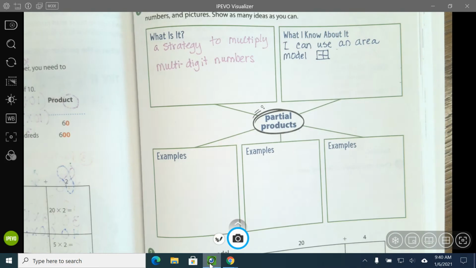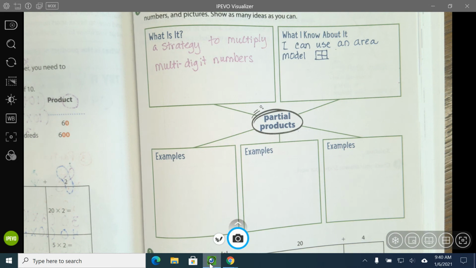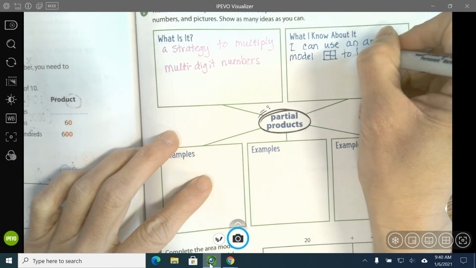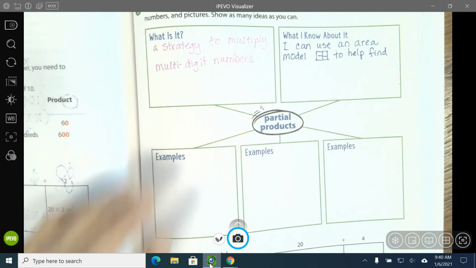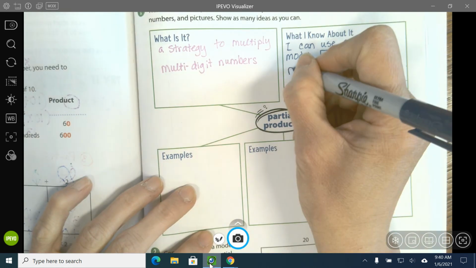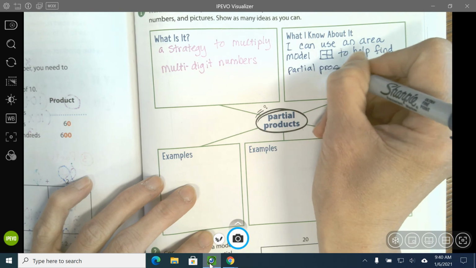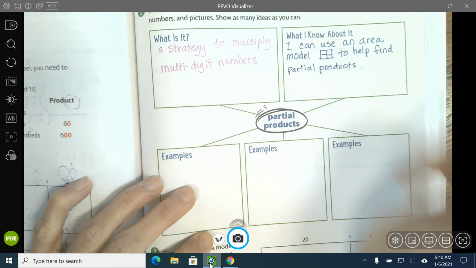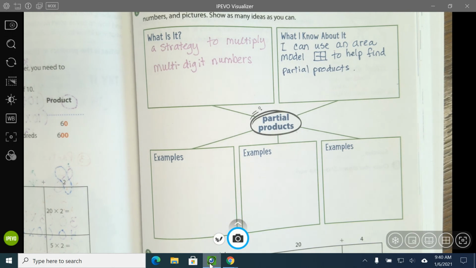Okay? To help find partial products. All right, now I'm going to do some examples in the bottom. I'm going to choose a different color each time.